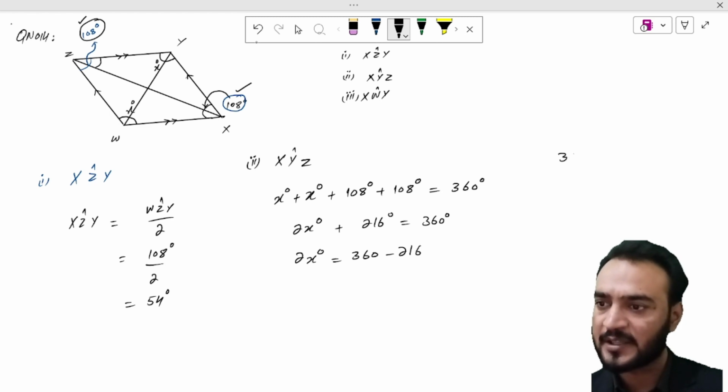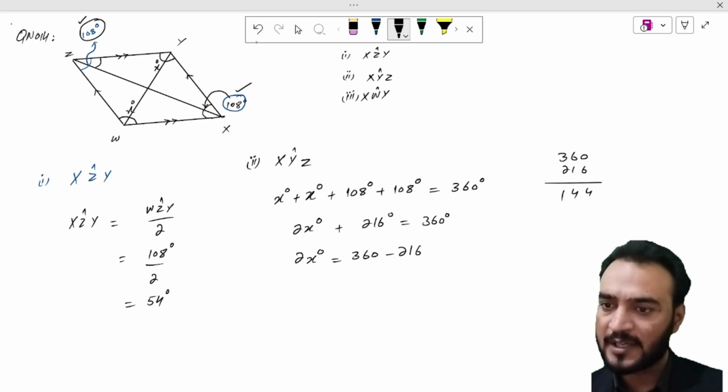Subtracting 216, 2x degrees equals 360 minus 216. We subtract 216 from 360, we get 144 degrees. 2x degrees is equal to 144 degrees. Dividing by 2, we get the value of x equal to 144 over 2, which equals 72 degrees.